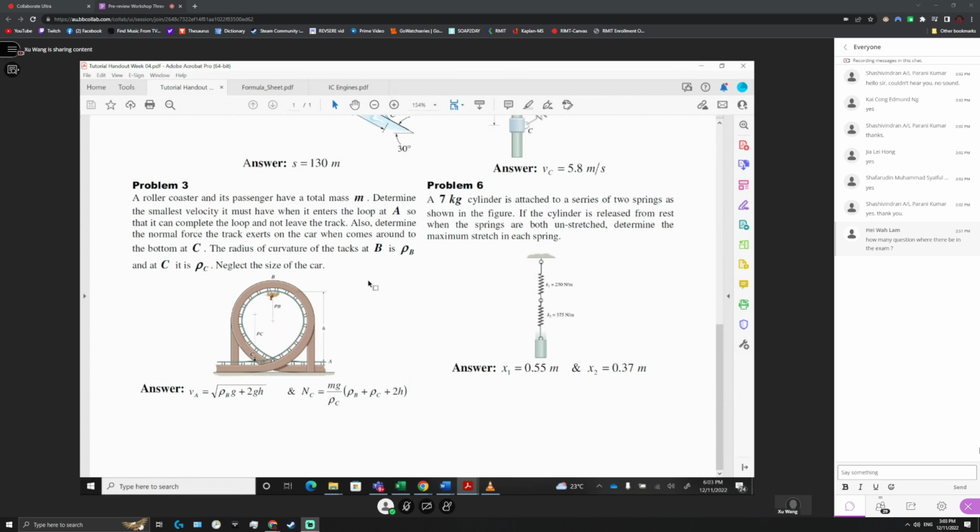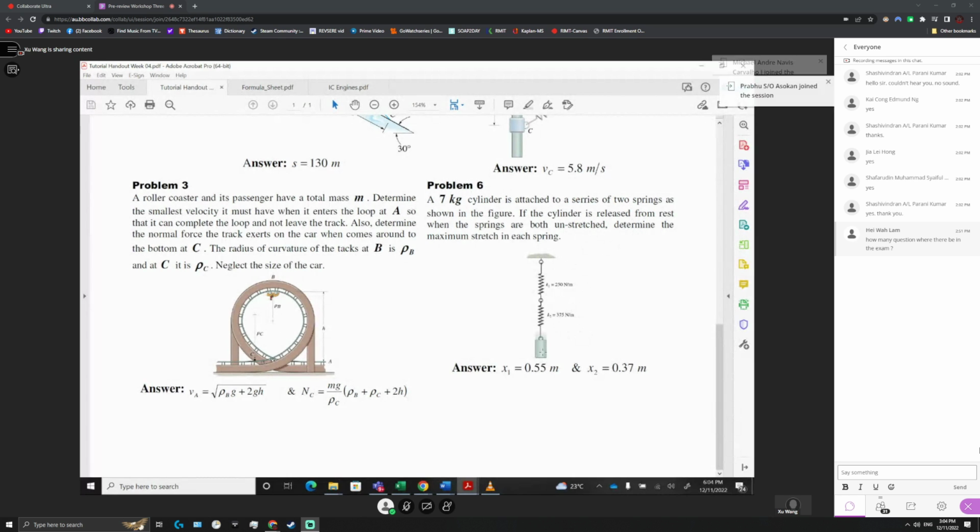So in the first position, when it's unstretched, before you release, at the beginning there's no stretch, so that's why the potential energy of the spring equals 0. Half of k1 times 0, displacement equal to 0, and x2 is equal to 0. The spring potential energy equals 0 because it's unstretched in the beginning.